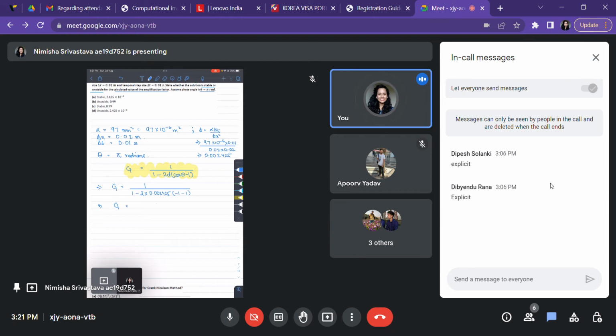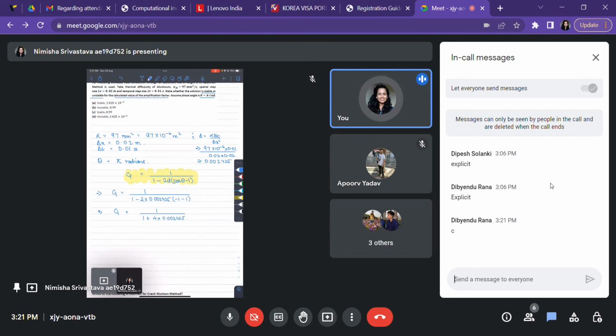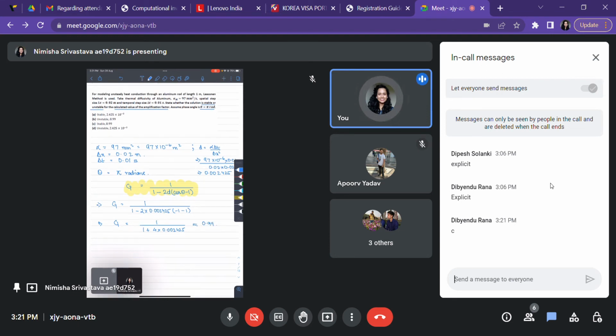Eventually I'll get something. This is going to be close to 1 because it's a very small value, around 0.99 from our options. So that's the right answer: stable.